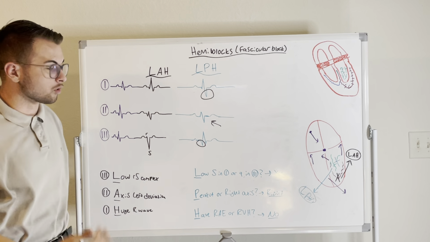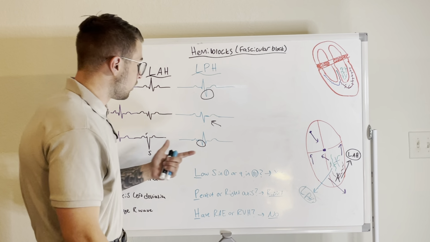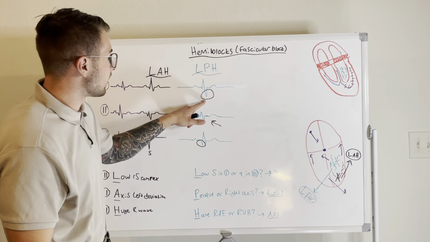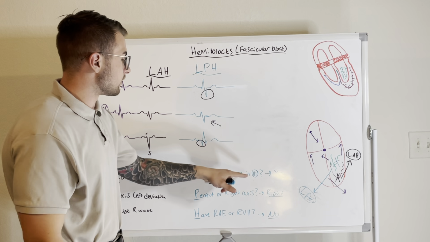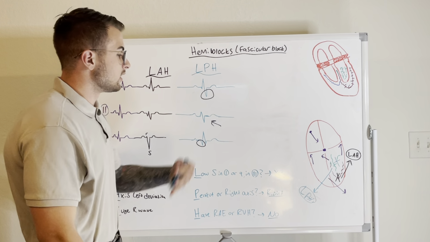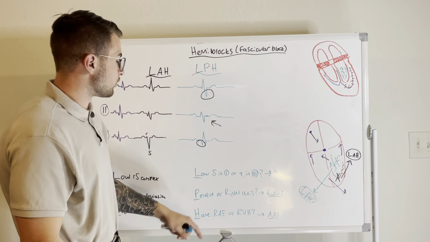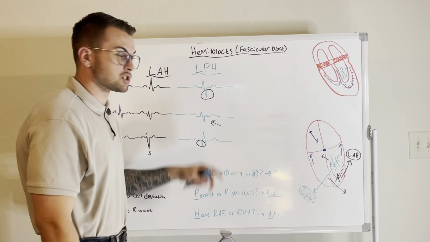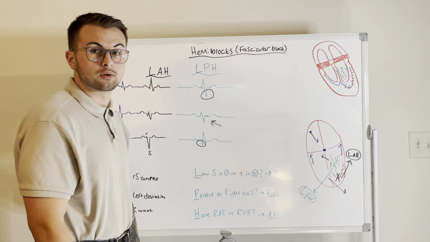Now, if we see the more rare and sometimes the more dangerous left posterior hemiblock, we know that we're going to see a low S wave here in lead 1 and a low Q wave in lead 3. If we say yes, then we move on. Do we have a perfect or right axis? Well, if we have a right axis deviation, then we know that we are going to continue on with our diagnosis of left posterior hemiblock.